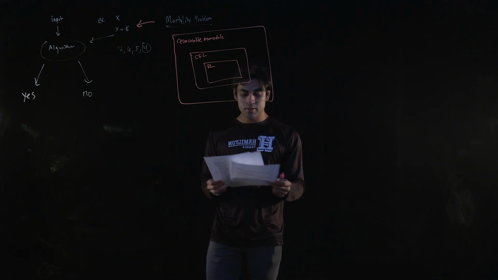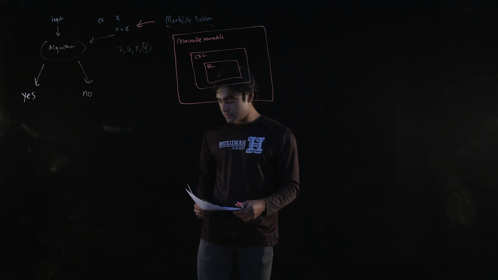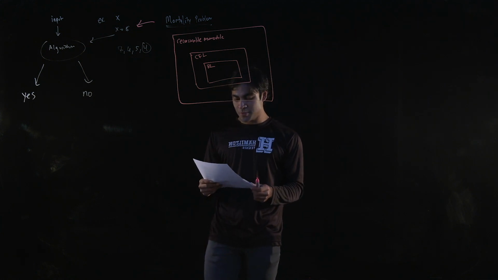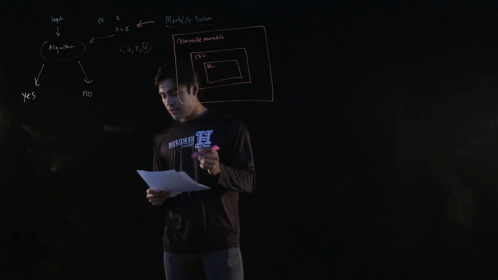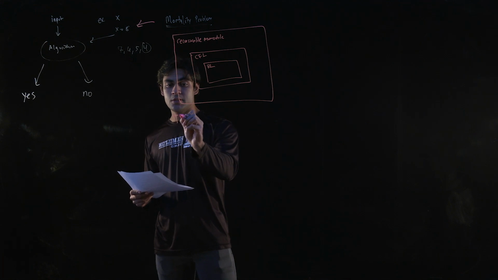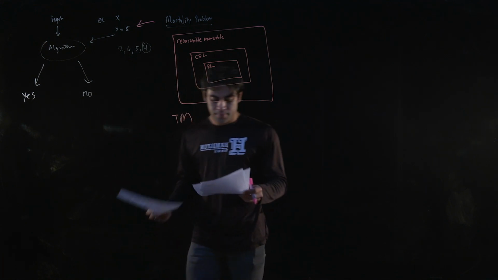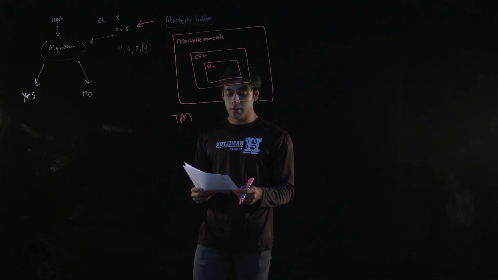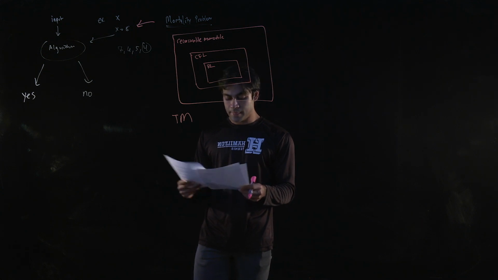A key problem when discussing recursively enumerable languages is the mortality problem, which is: given some Turing machine, can you decide whether or not this Turing machine will halt on any possible string that's fed into it?